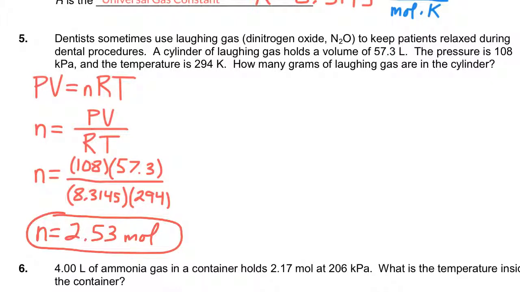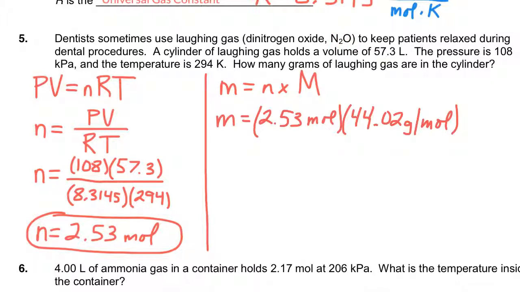So I have 2.53 moles of this substance in my container. And now I go back to Unit 3 and figure out the mass using the moles and the molar mass. Remember, molar mass is for this compound here, so I have 2 nitrogens, 1 oxygen, which gives me 44.02 grams per mole. Do my math, and I get an answer of 111 grams of laughing gas.